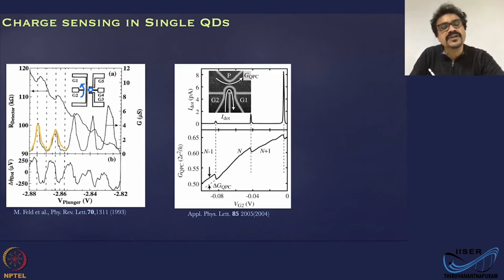These are the Coulomb blockade oscillations. And the corresponding conductance change or the resistance change in the detector circuit, which is the quantum point contact, is shown here. So as you can see, whenever the electron number changes through the dot, that is felt by the QPC, and it displays a bump. That's what we are seeing here.